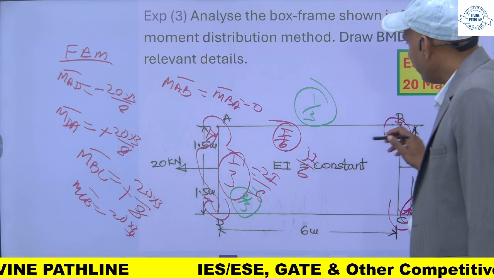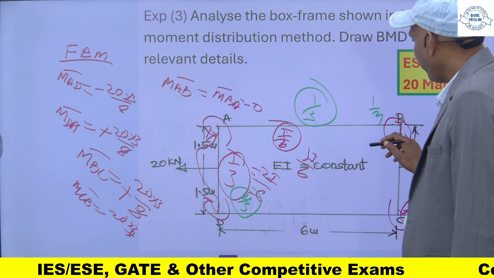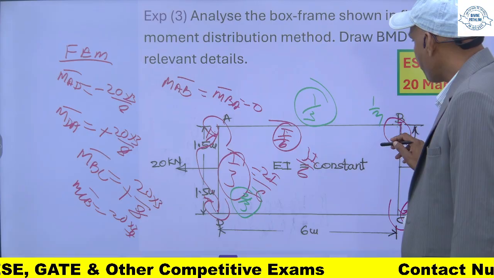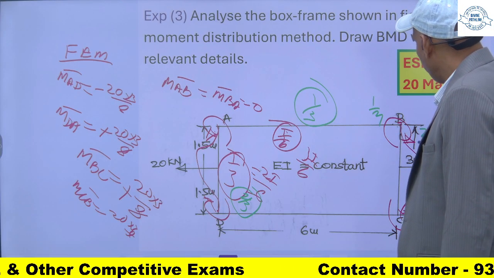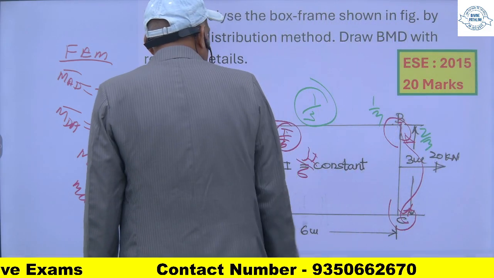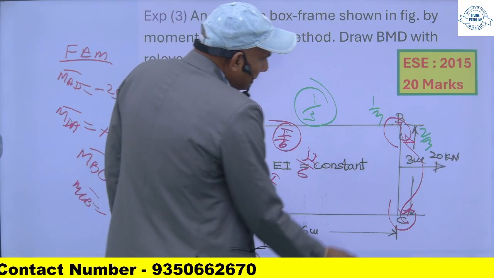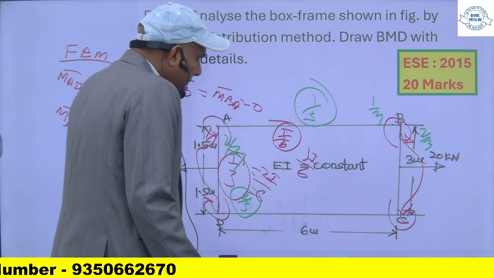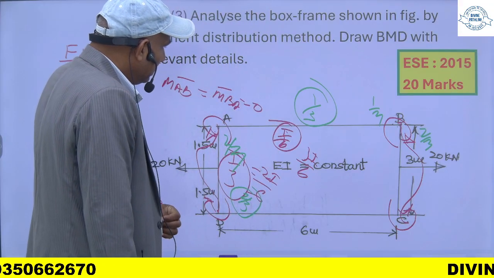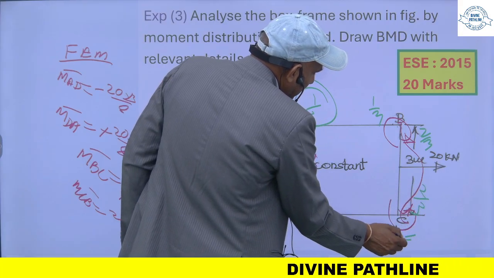And this you can apply the same. This is same. If it is 1 by 3, this will also be 1 by 3. And this will be 2 by 3. Same. 2 by 3 for this. And again, if this is 2 by 3, then this will also be 2 by 3 and 1 by 3.